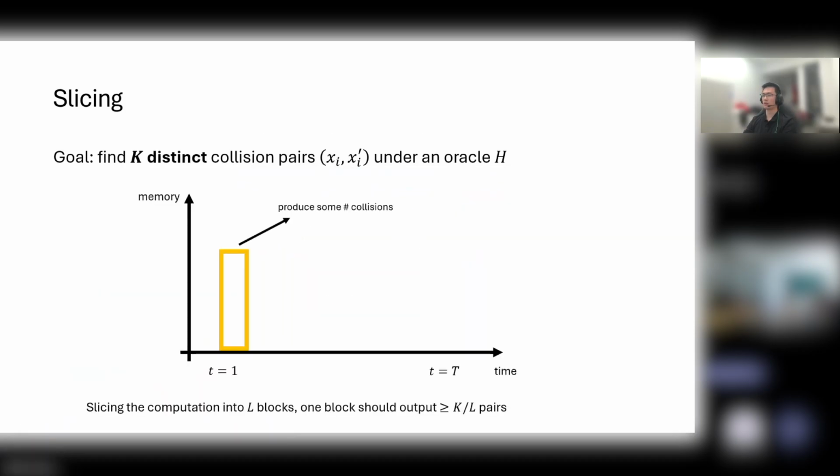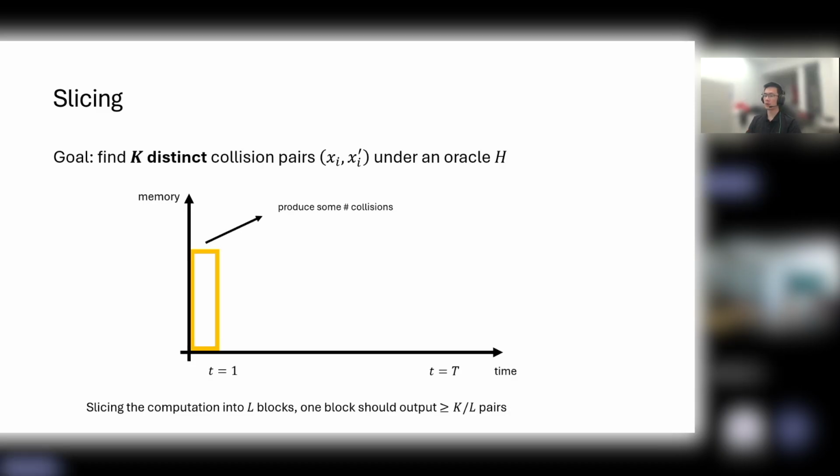So basically, the progress measure, like the slicing technique here, is to say that we divide the algorithm into several parts, and we calculate how many collisions each part contributes. Right.